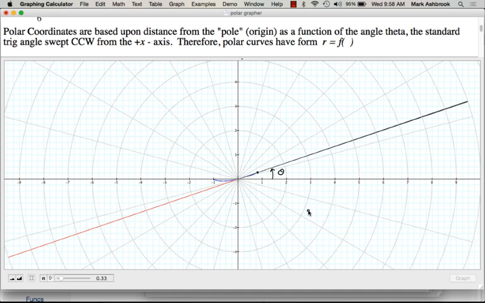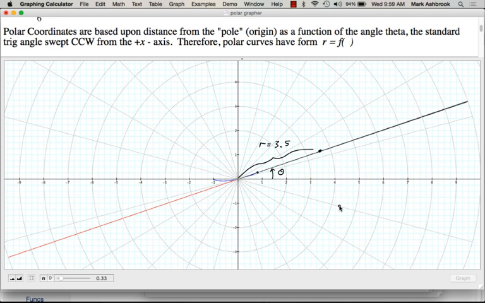And then r. So r is the distance from the pole. So this is an r of 3.5. So theta can be in any unit, could be in radians, degrees, doesn't matter.